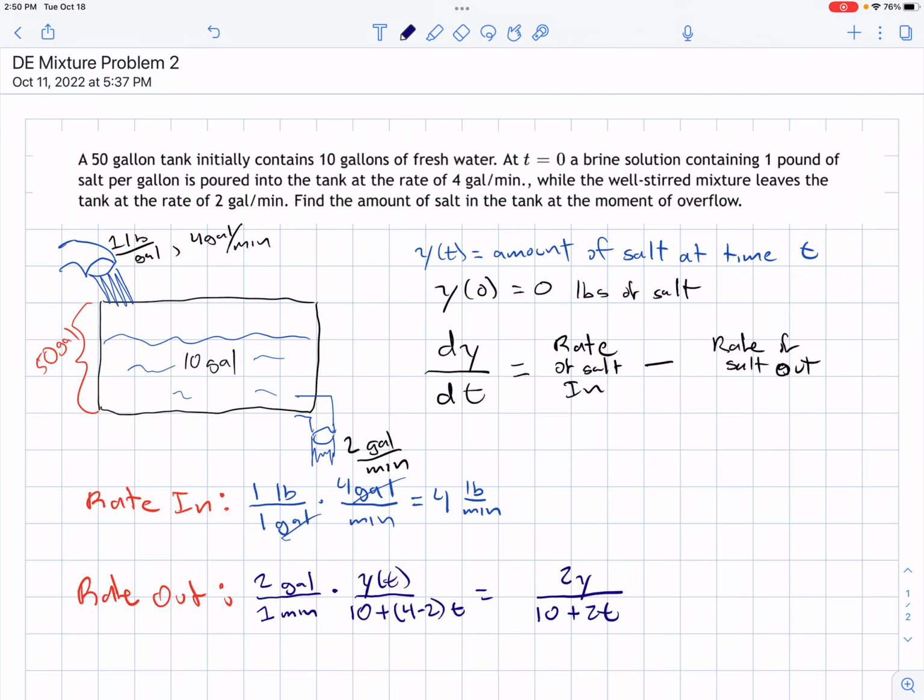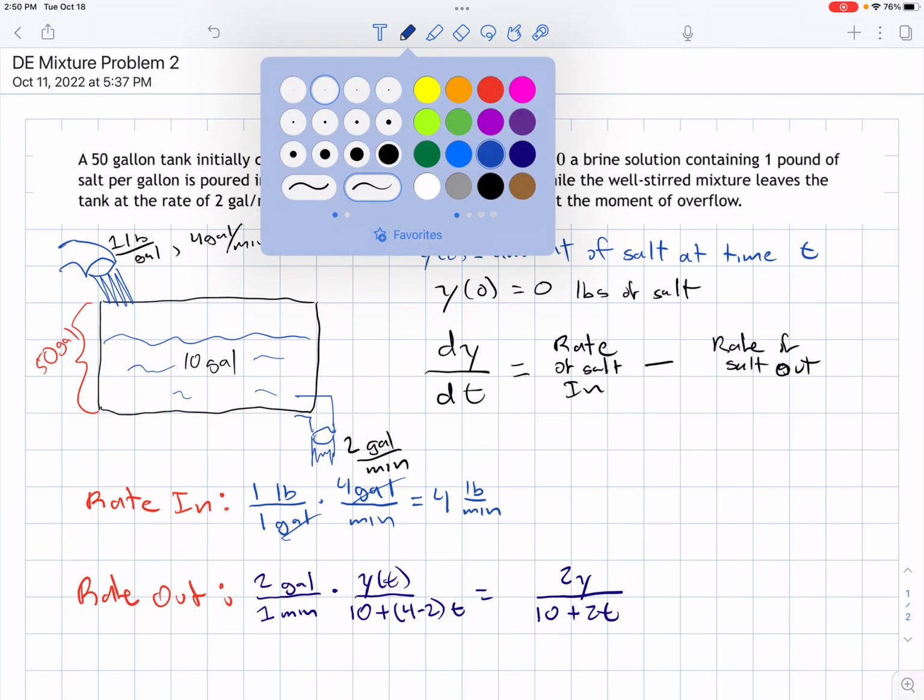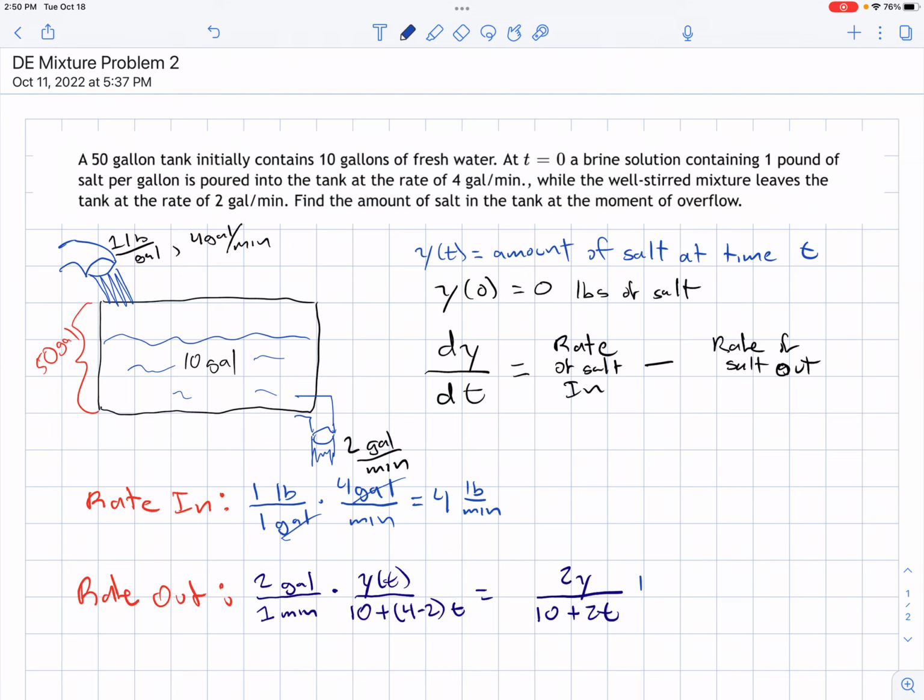This is in pounds per minute, since the gallons cancel out.